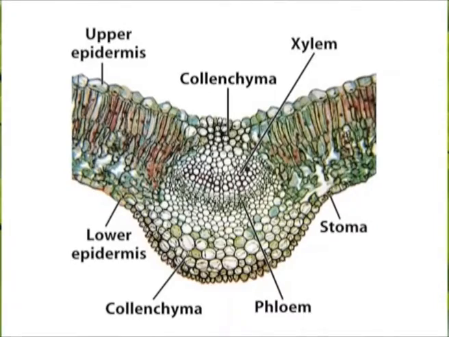The bundle sheath of the midrib vein is connected to the upper and the lower epidermal layers by many layers of collenchyma cells representing bundle sheath extensions or hypodermal collenchyma.